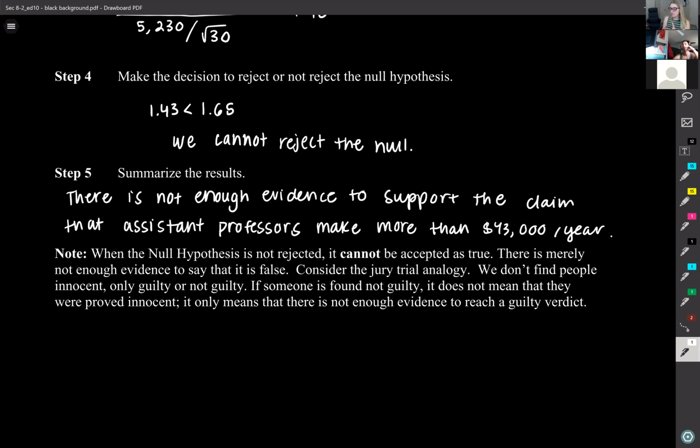You just say someone's guilty or not guilty, because if someone's found not guilty, it doesn't mean that they were proved innocent. It just means there's not enough evidence to reach a guilty verdict. In the same way here, just because something was not rejected, it's not true. We just say there wasn't enough evidence to reject it. So keep that in mind whenever you're summarizing the results. Just because we didn't reject it doesn't mean we can accept it.